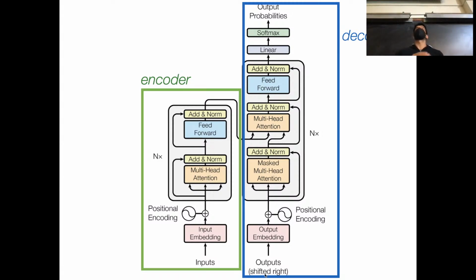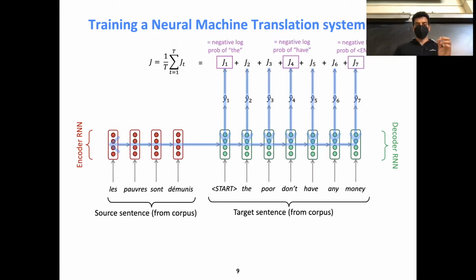This is shifted right because we want to include a start token. So the very first time step of this decoder, it shouldn't know the identity of the first word, right? It should just rely on the start token and this cross attention and figure out what the first word to produce is. So the output sequence here is like start token, what was our example? Yeah, so you can see it here. It's the same. Start, the poor don't have any money.